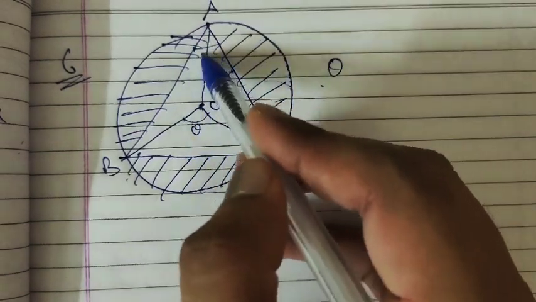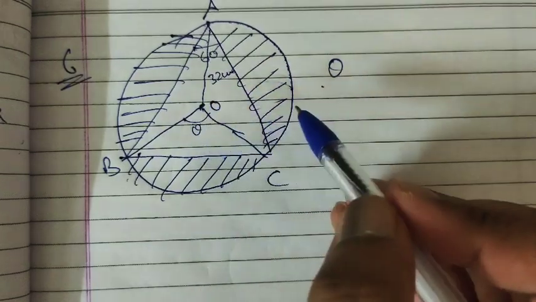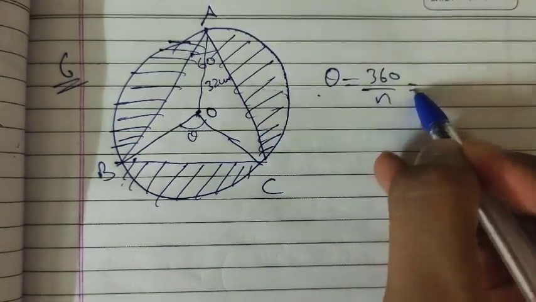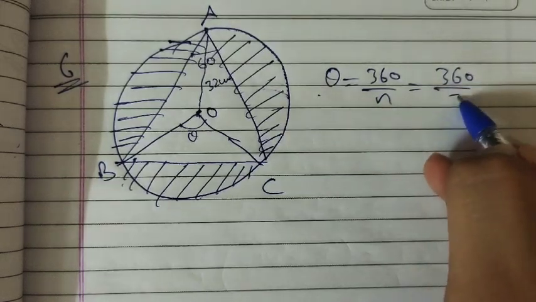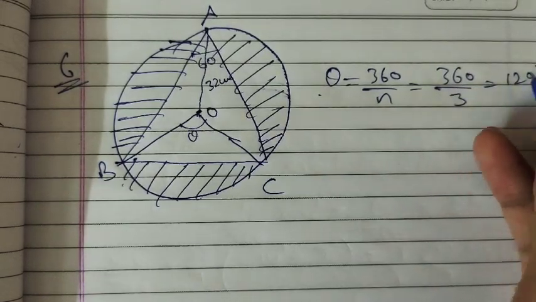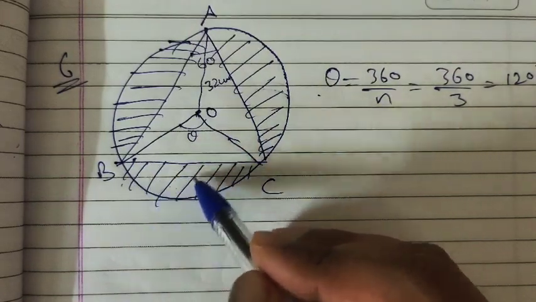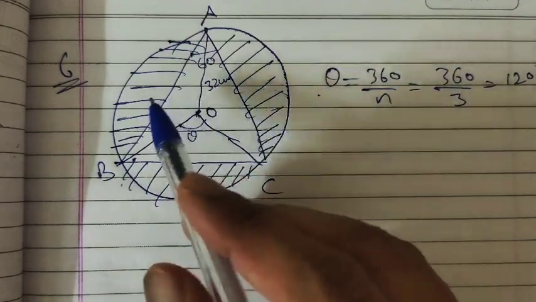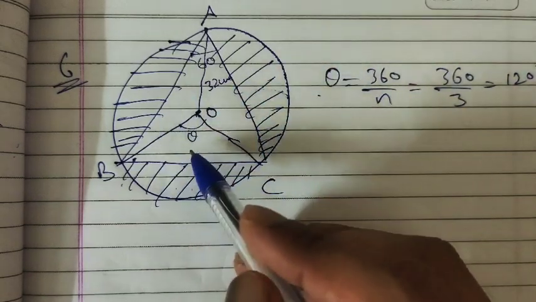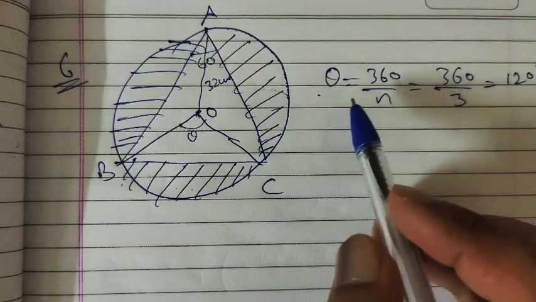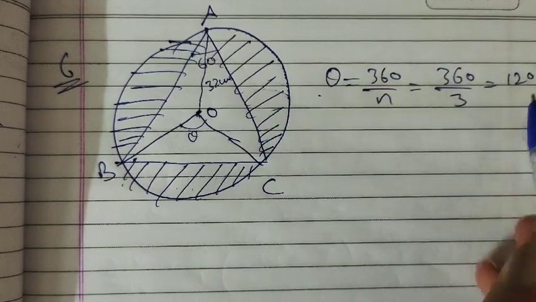So if this is 60, this will be 120, or we can use theta is equal to 360 upon n, 360 upon 3, 120 degree. Now area of shaded region, this means if we determine the area of the segment and multiply it by 3 times, you will get the answer, right? So here theta involved is 120 degree.